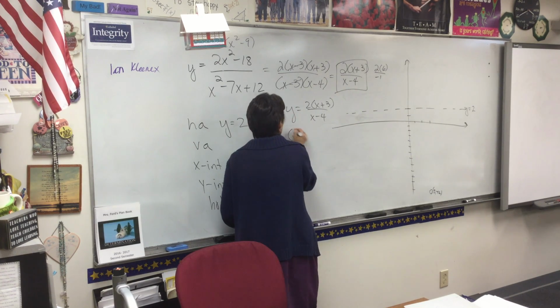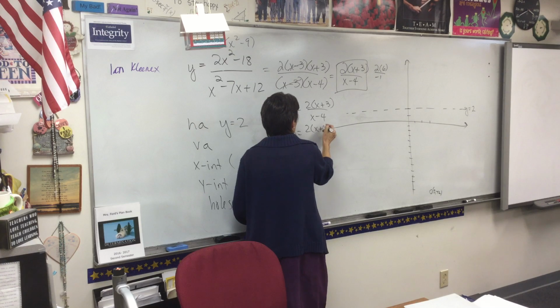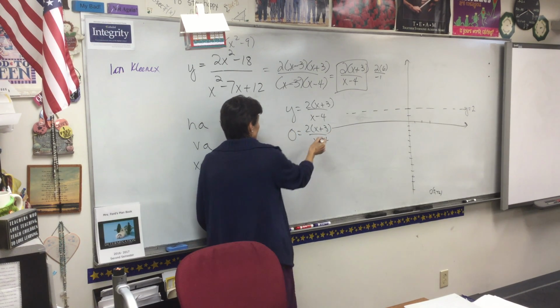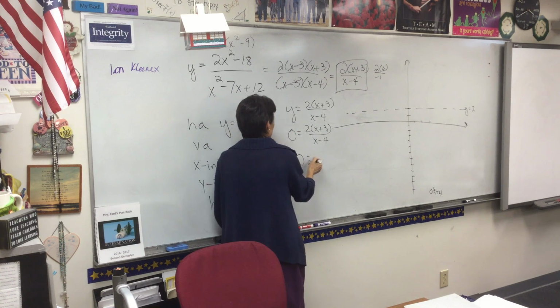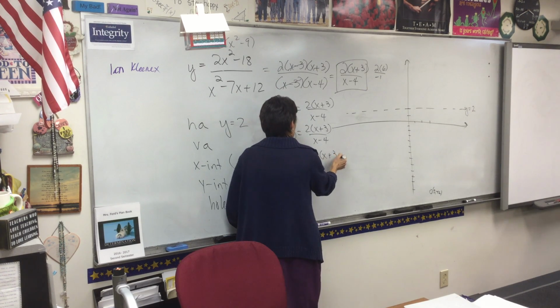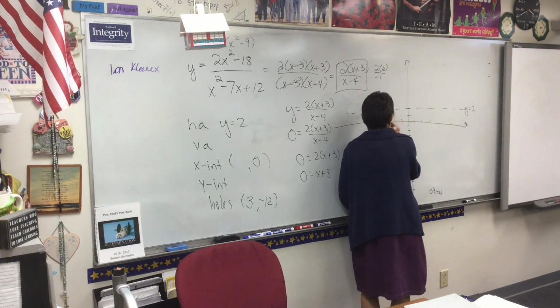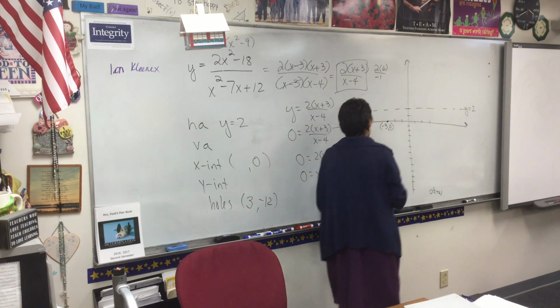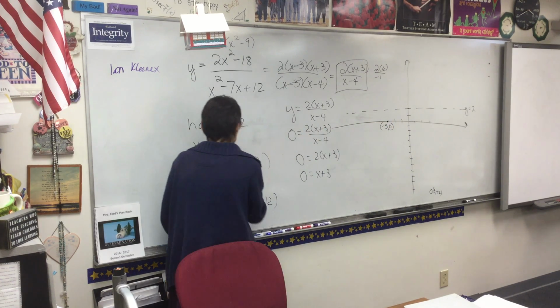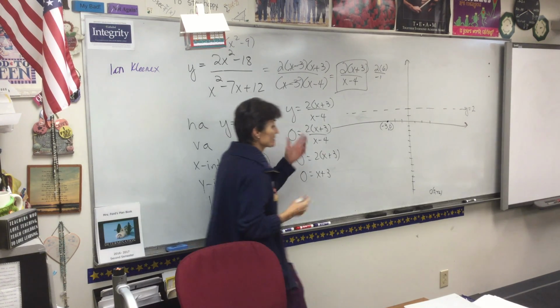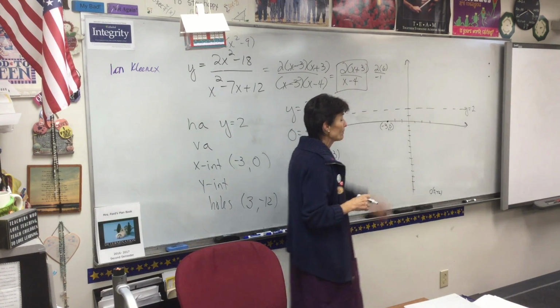If I let y be 0, and then I solve this, bring this over here, it's still 0. Divide by 2, it's still 0. So it looks like x is negative 3. Now some of you don't need to do all that work because you just remember the x-intercepts, the zeros, come from the numerator.